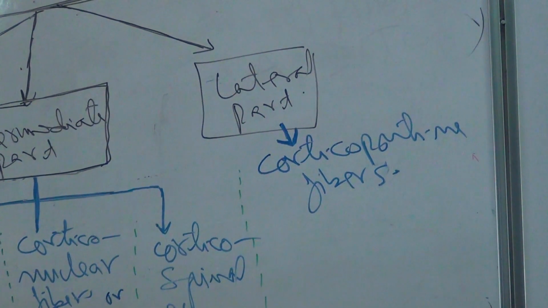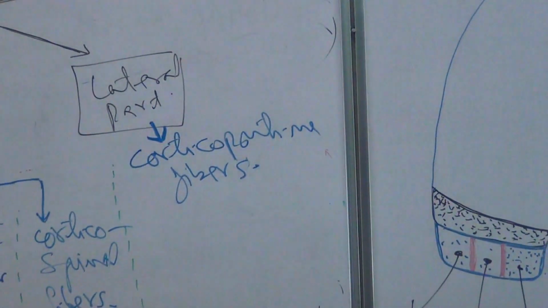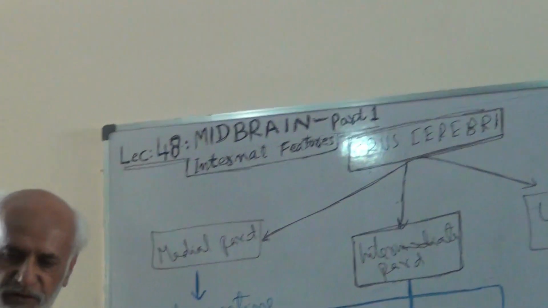Now look here, through the medial part are corticopontine fibers, and through the lateral part again corticopontine fibers. But what is the difference?